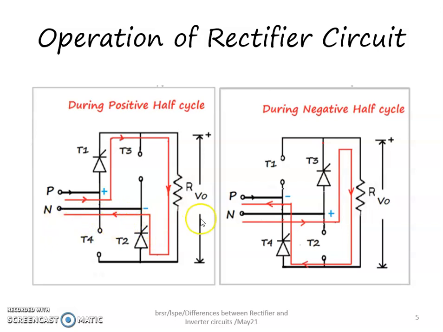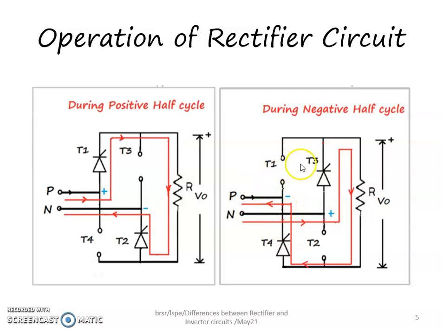During the negative half cycle of the AC supply, the plus will be available in the junction of T3 and T2, and minus will be available at the junction of T1 and T4. Always the convention is the current flows from plus to minus. So now in the negative half cycle, the current flows from this junction to T3 through the load through T4 back to the negative.